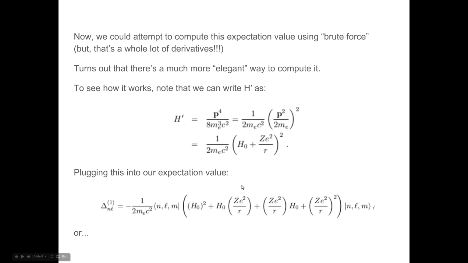Okay, so let's see how this works. So note that the first thing we can do is take our perturbation Hamiltonian, which is the P4 term, right? And notice that if I pull out this prefactor, this 1 over 2 mc squared, then I can write what's left as P squared over 2m squared.